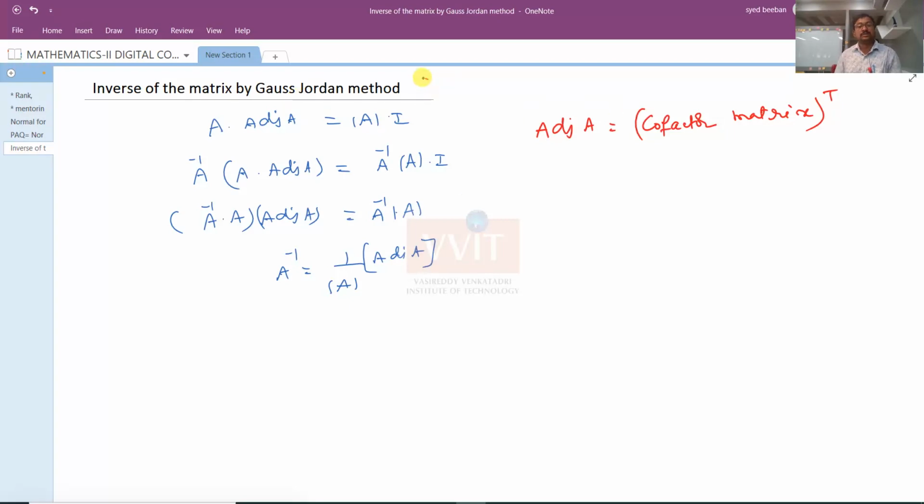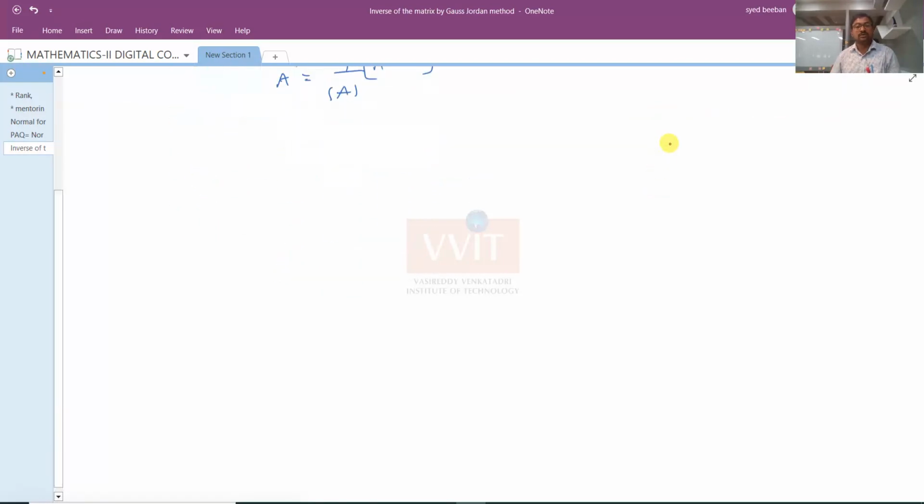Whenever the Gauss method is used, we use only elementary row operations. So let us check that. How to check this?